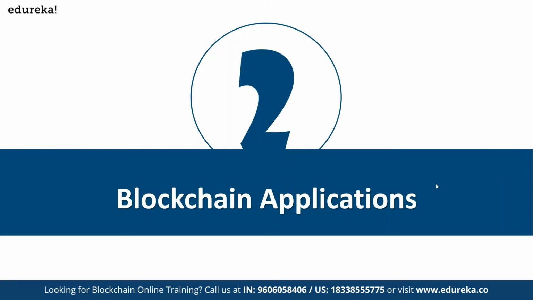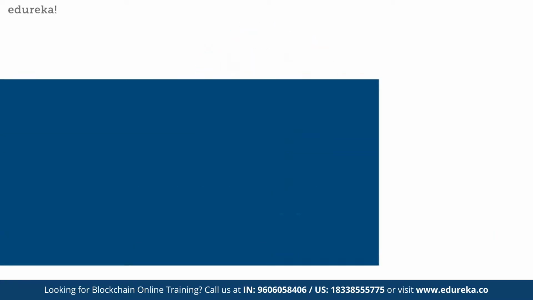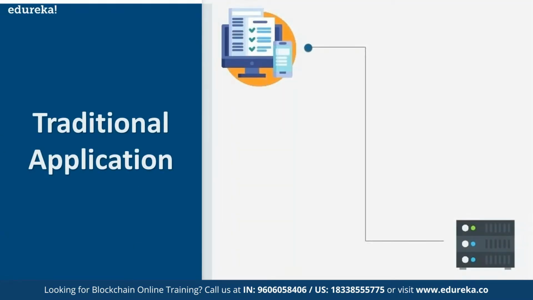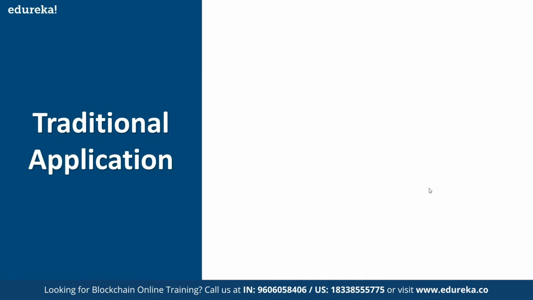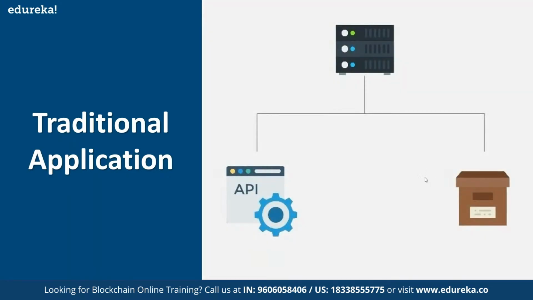Okay, so let's have a look at the applications of blockchain. Now, when we talk about a traditional application, as I mentioned, guys, you'll have a front end, and using that front end you are going to do something and it is going to update your server. You may call the API, or the API is from the backend, and it's going to update the server.